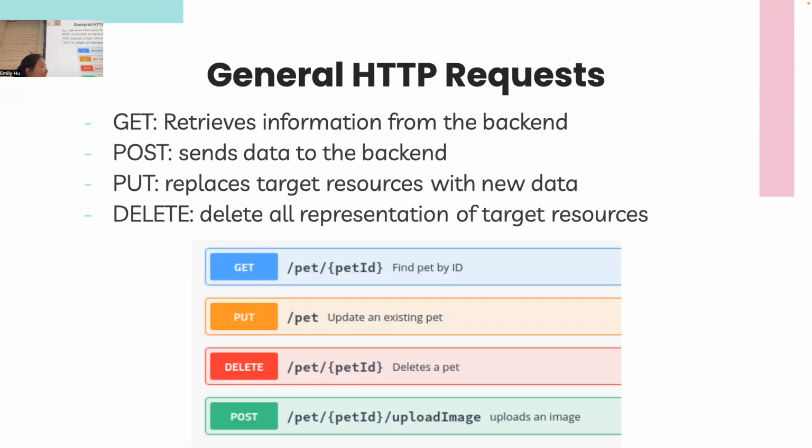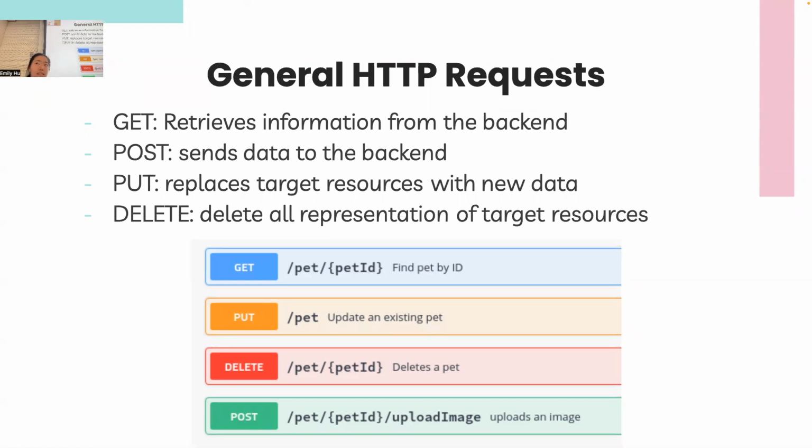Okay, and now we're going to be going over some general HTTP requests. This is essentially how we're able to get the information from the backend. So GET retrieves the information from the backend, and then POST sends data to the backend.